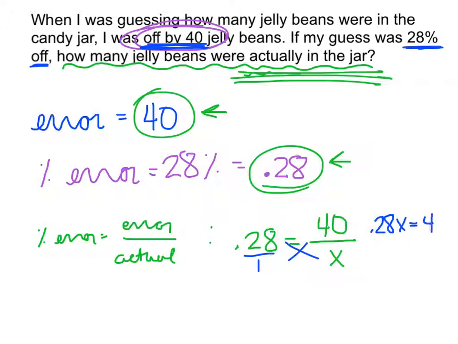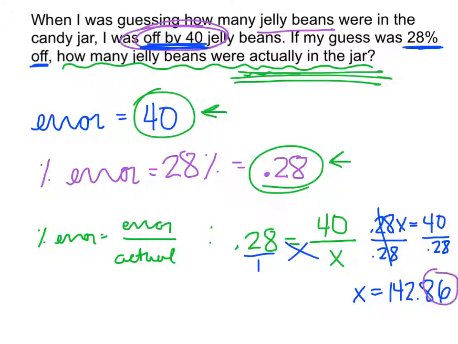0.28x equals 40. Divide both sides by 0.28. And we end up with x equals 142.86. However, because we're asking about jelly beans, we can't have 86 of a jelly bean.